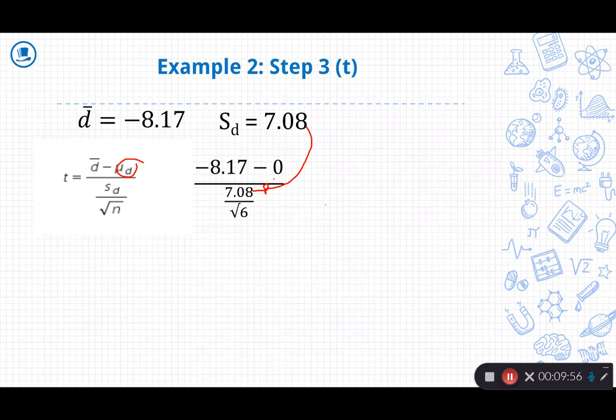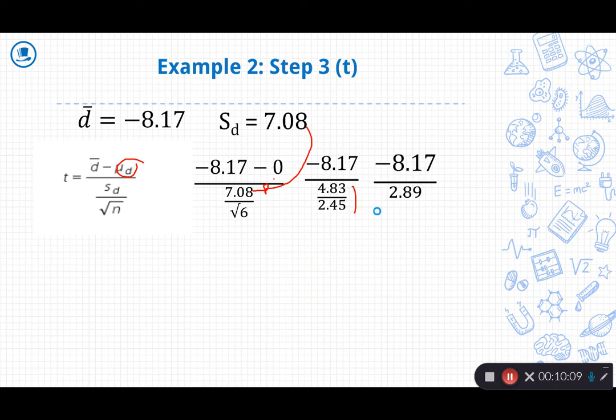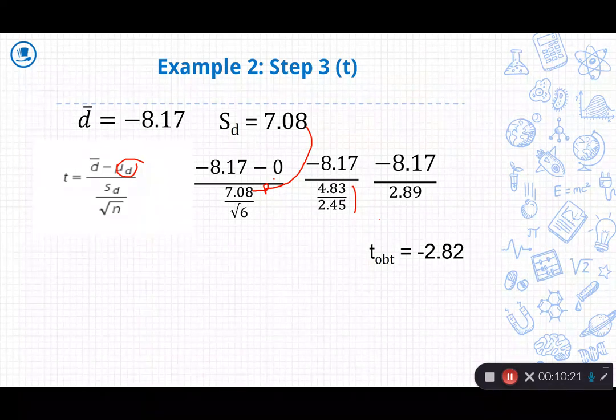So taking this to the next step, we get negative 8.17 divided by 7.08 divided by 2.45. We do this division down here in the denominator, and it simplifies to negative 8.17 divided by 2.89, which is a negative 2.82. Negative 2.82 is the t obtained.